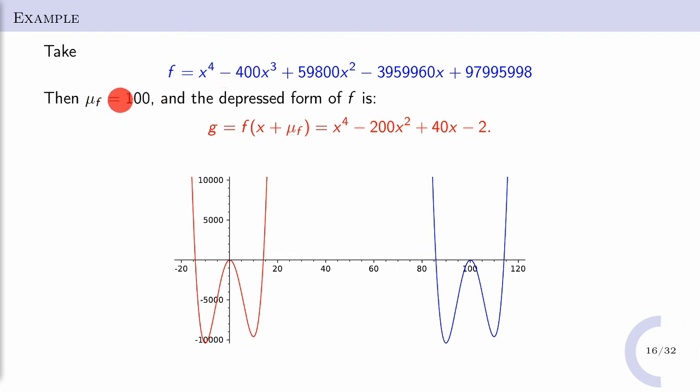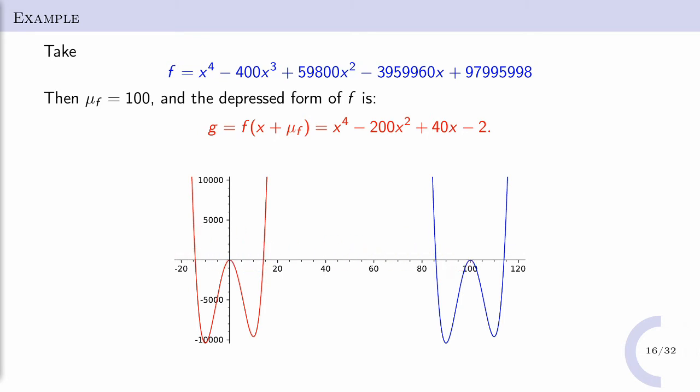So we can depress the polynomial by just shifting the roots by 100, and the depressed polynomial looks like this. As you recall from the previous lecture, the graph of a depressed polynomial is just the graph of f shifted, in this case to the left, by the mean of the roots.